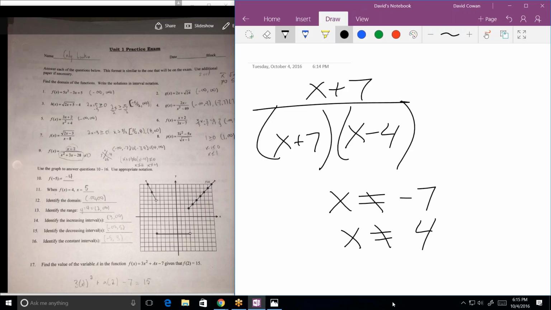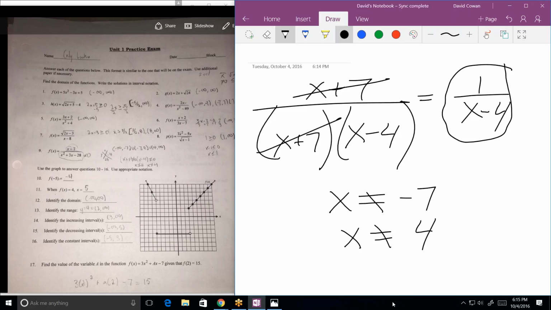Well, look at this function. That x plus 7 will cancel with that x plus 7, leaving me with 1 over x minus 4. However, the domain does not change. If I look strictly at that, it looks like my domain now is x can be anything except 4. But negative 7 sticks with it.